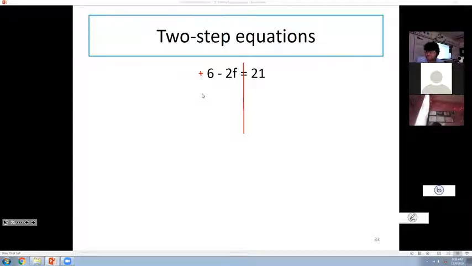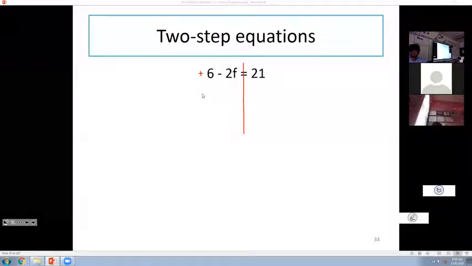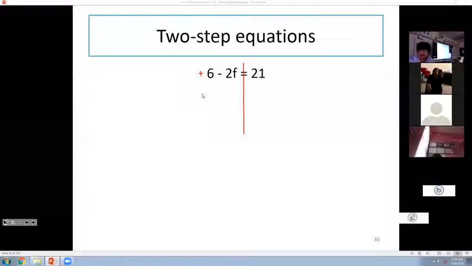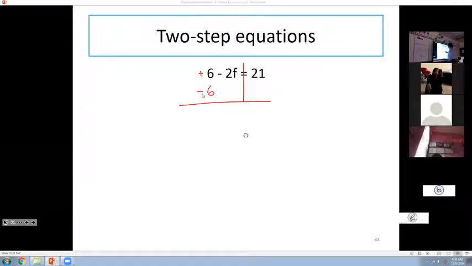And Jada? Yeah. So here's the thing, Jada. Can I just subtract 6 from this side? Is it going to be enough?